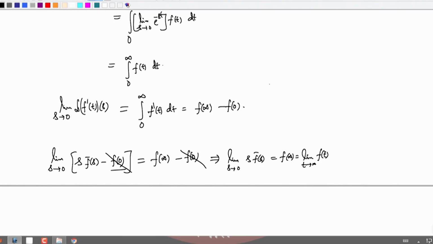So, these are the two results which you will keep in mind while solving the ordinary differential equations, which you will see soon. When you have some arbitrary constants involved in the Laplace transform of the unknown function, you may have to use one of these.